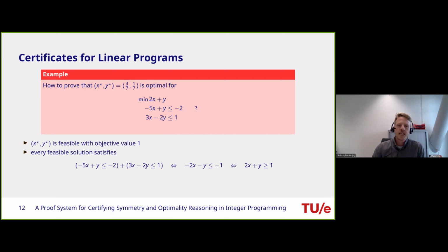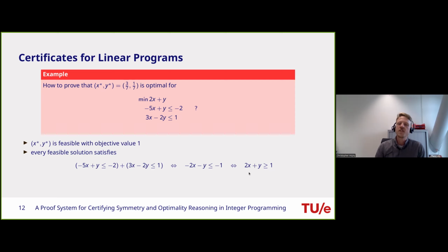By this aggregation step, I mean that I take these two inequalities and I just sum them up. If I do so, I end up with the inequality minus 2x minus y is at most minus 1. And if I bring everything on the other side, this inequality reads as 2x plus y is at least 1.